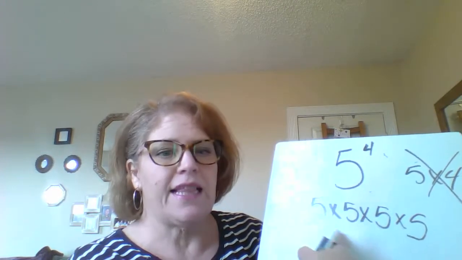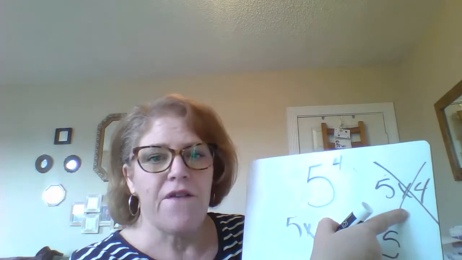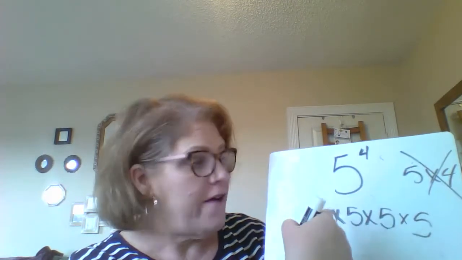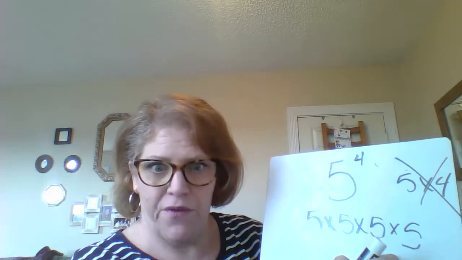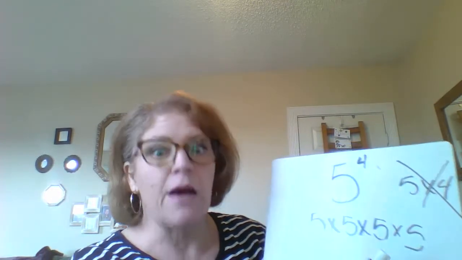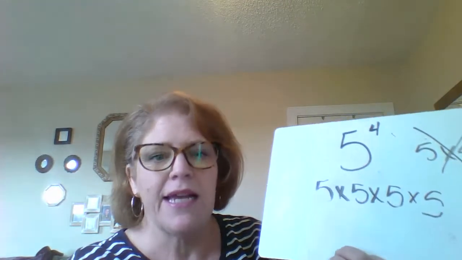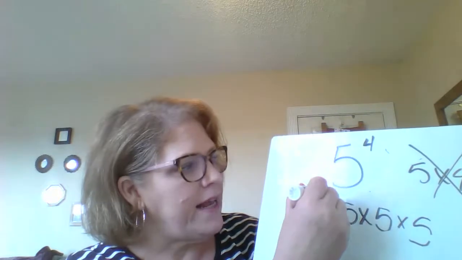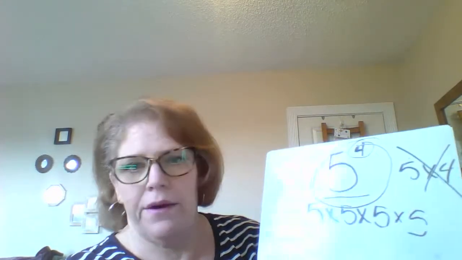You'll notice that this answer is going to be way larger than 5 times 4, which is 20. 5 times 5 is 25, 25 times 5, and then that number times 5, so it gets to be a very large number. Again, base, exponent, power.